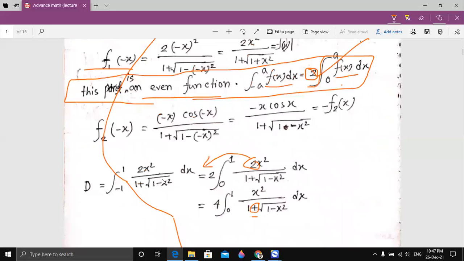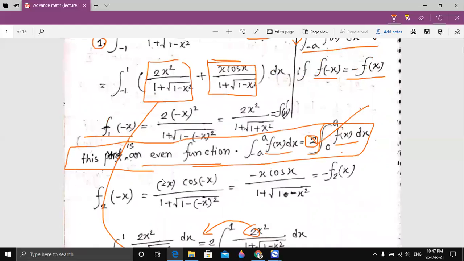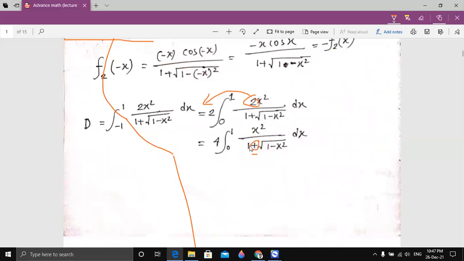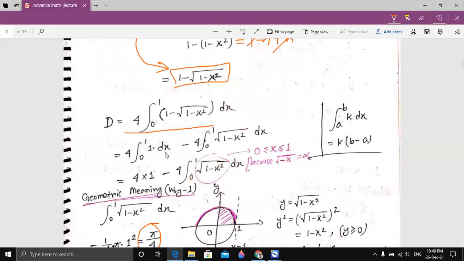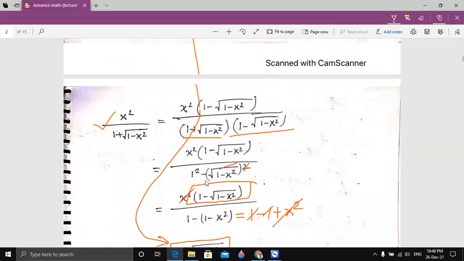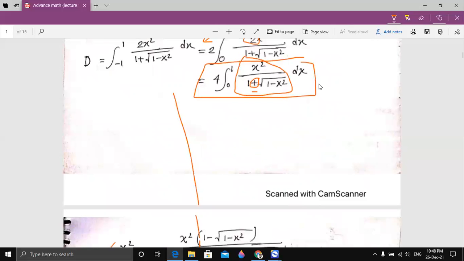So let's go back here. We had 4 into the integration of 0 to 1 of x square by 1 plus root over 1 minus x square. We just calculated this part, x square by 1 plus root over 1 minus x square, so this line here we are doing after this line.